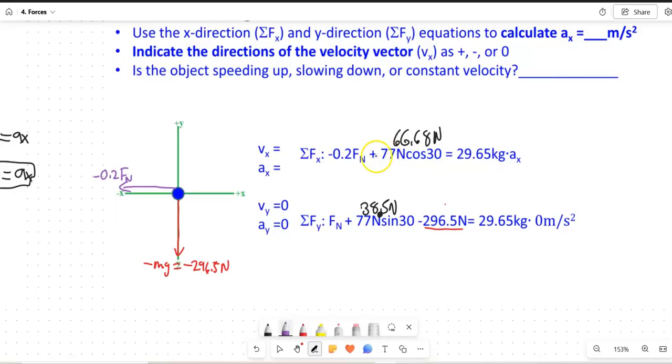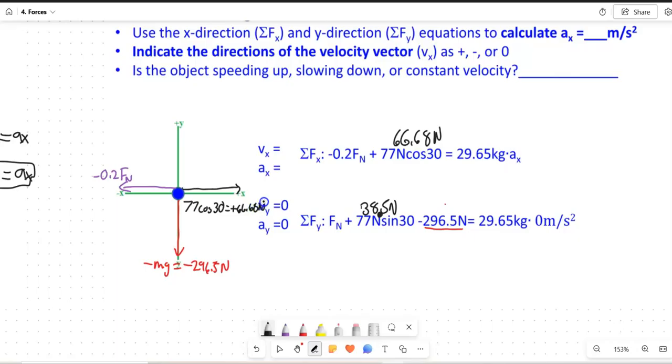Okay, and it looks like we have this other force, which we don't know what that is. That's going to be pointed to the right, and I'm going to go ahead and write the sine and cosine here. Cosine of 30 degrees, because that's going to tell me where the 30 degrees is.